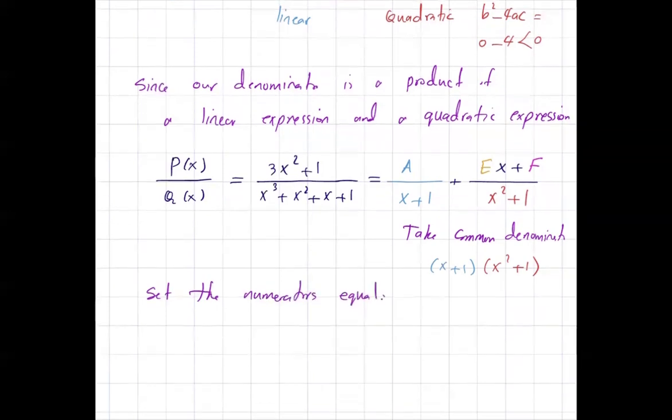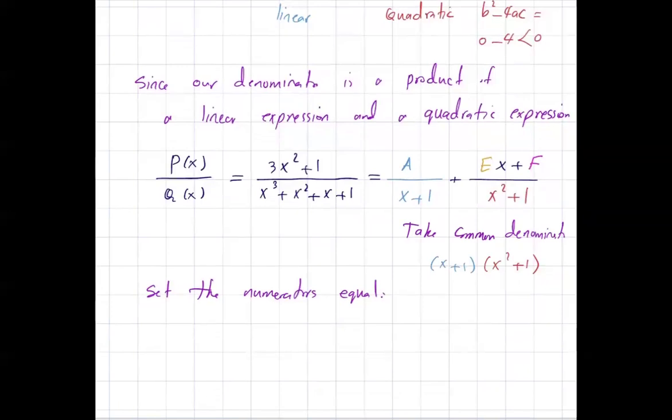So set the numerators equal. The numerator on the left-hand side is 3x squared plus 1, and on the right-hand side you have A times (x squared plus 1) plus (x plus 1) times (Ex plus F).